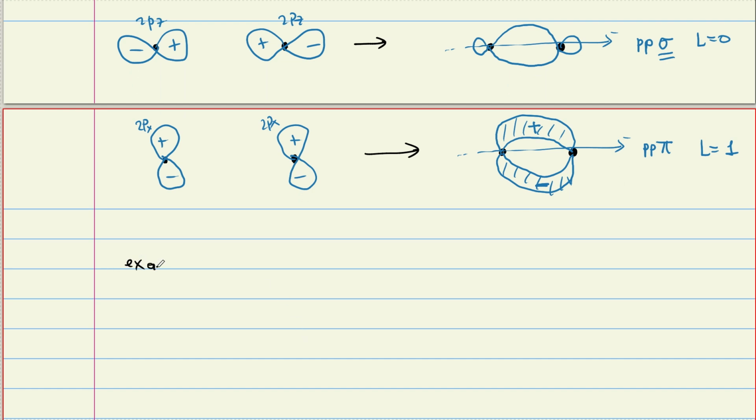The example is water, H2O. Oxygen has Z equal to 8. If you look at it, it is 1s2, 2s2, and 2p4, right? And here I have 3 orbitals, put up, up, up, and there's 1 down.